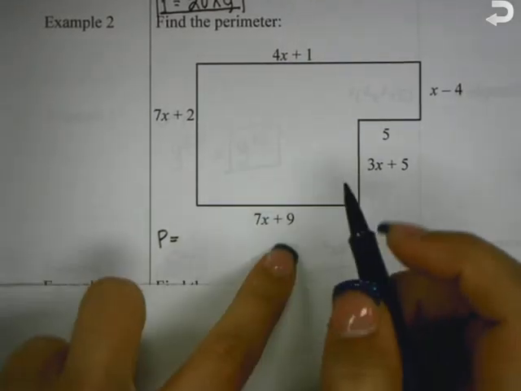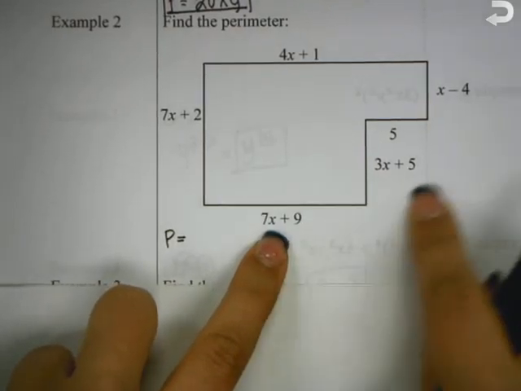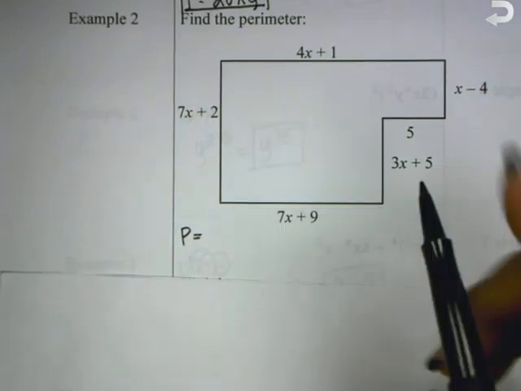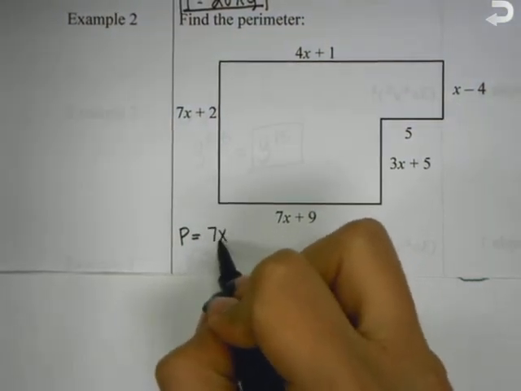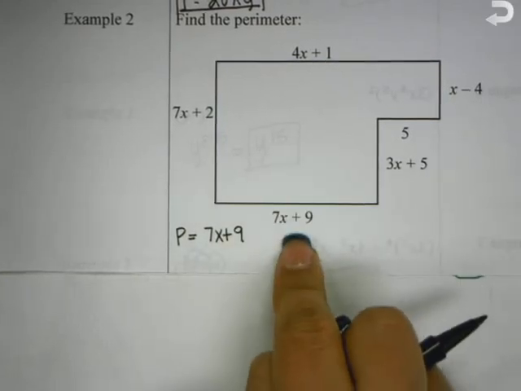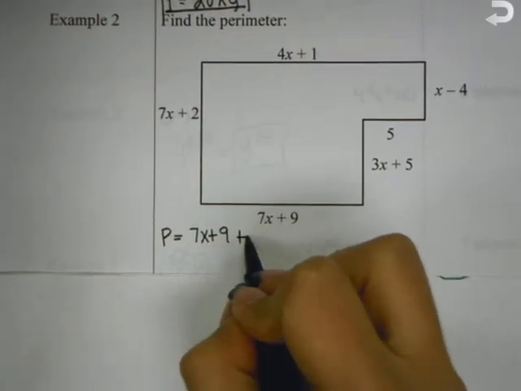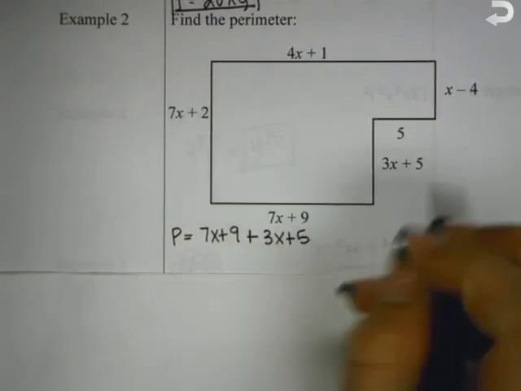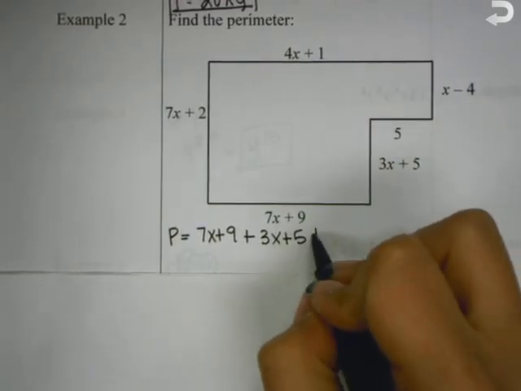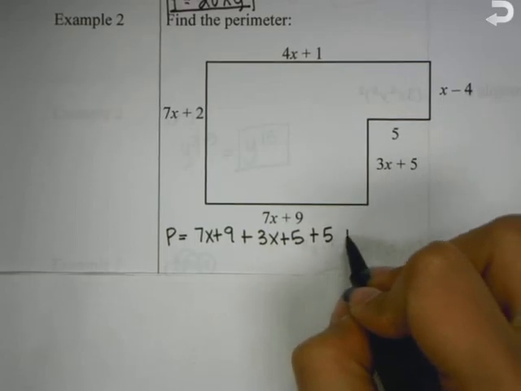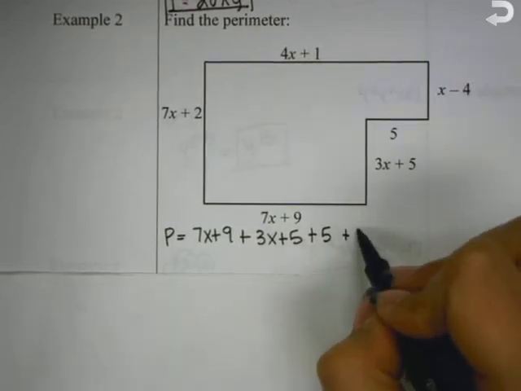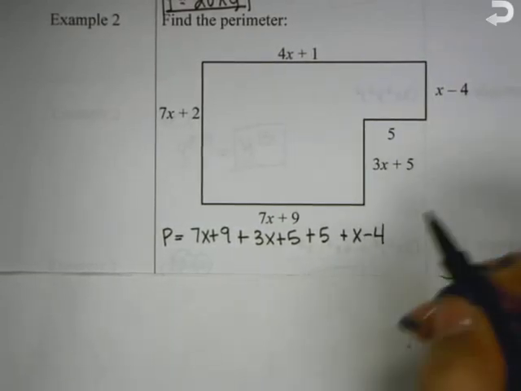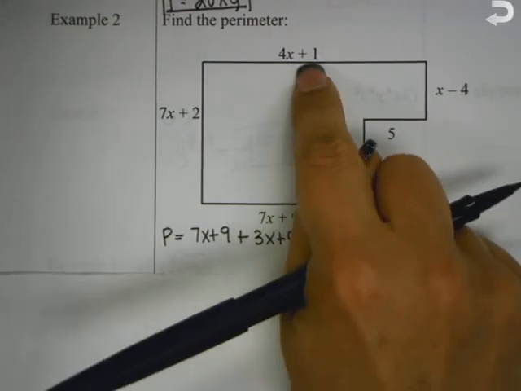So 7x plus 9 is one side, plus 3x plus 5, plus 5, plus x minus 4, plus 4x plus 1, plus 7x plus 2.